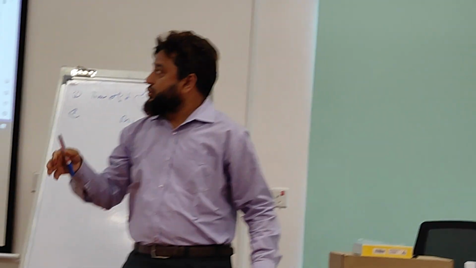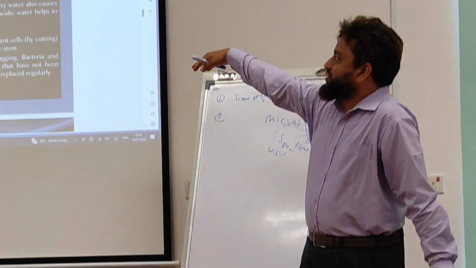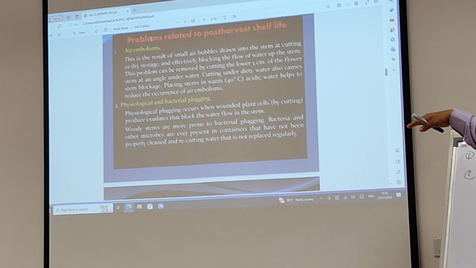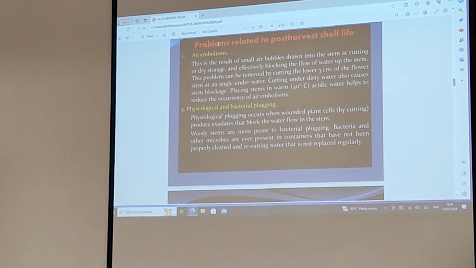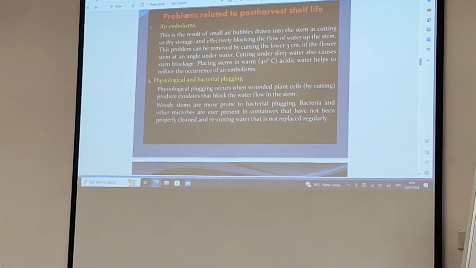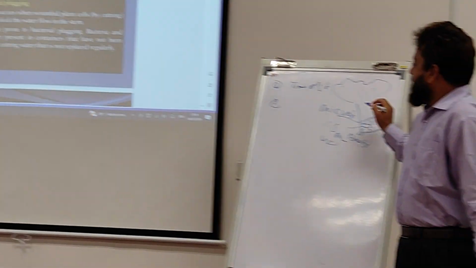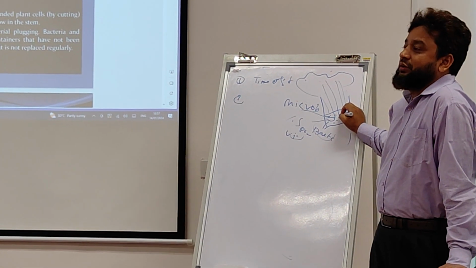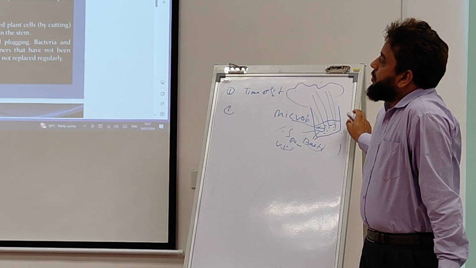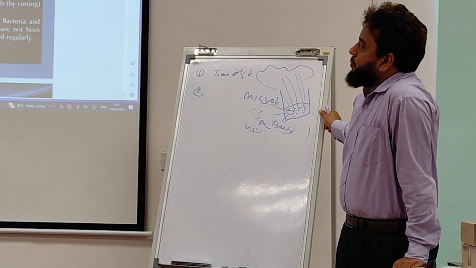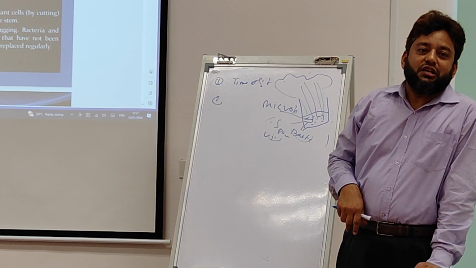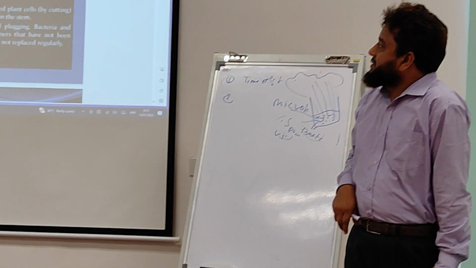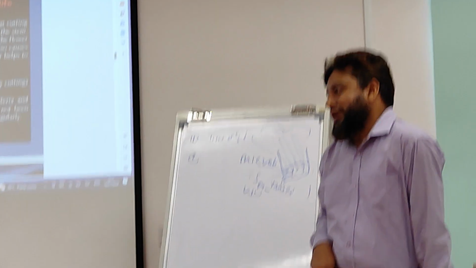Okay, so for this slide maybe you can see some of the problems here. Some of these problems are related to water, and all these problems can affect the flower shelf life. Number one is air embolism.